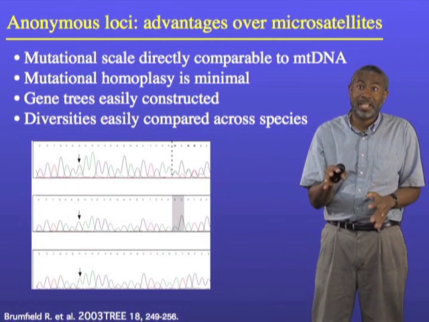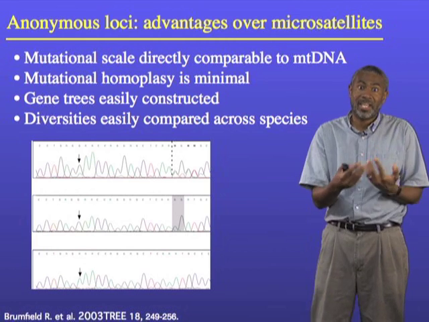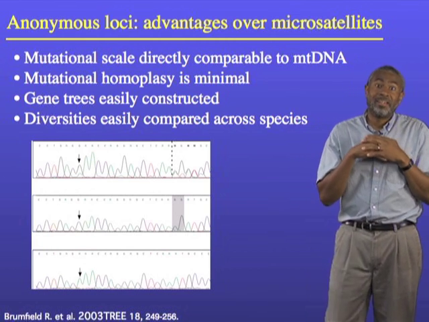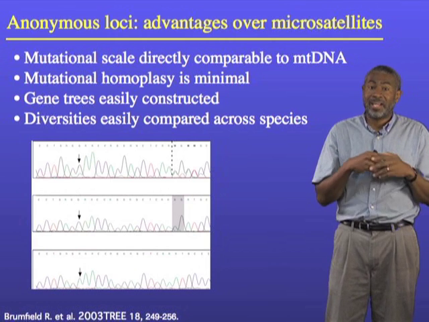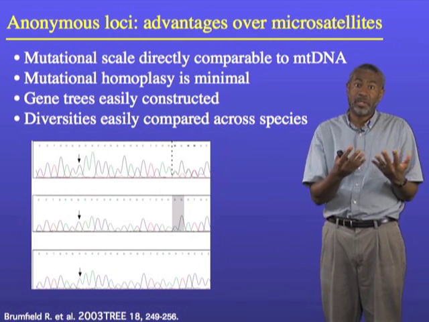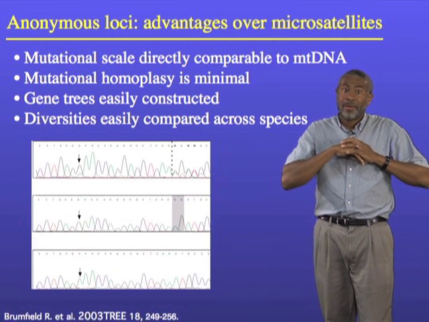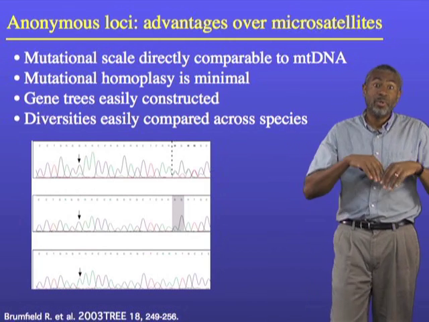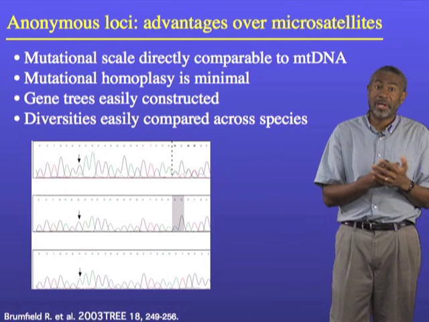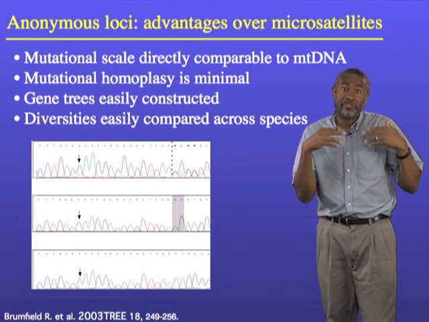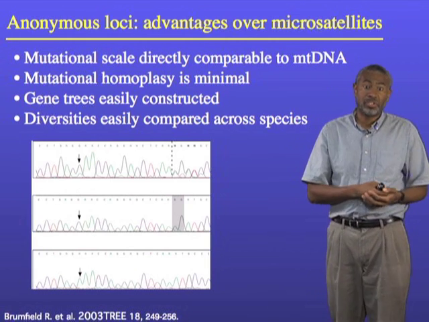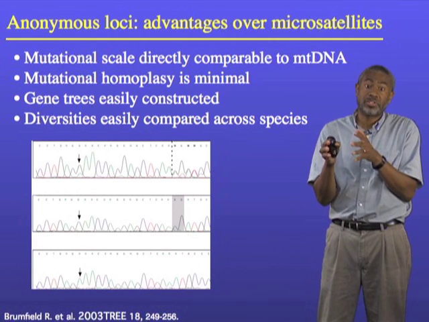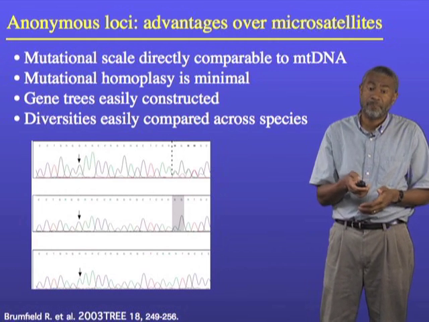That's a bad thing because it erases the history before it. We call that homoplasy. In nuclear DNA, when you look at it in terms of the sequences, that sort of backtracking and homoplasy is minimized. We can build gene trees, as we talked about in lecture 1. Gene trees are a very intuitive way to look at population history. And we can compare the diversities easily across different species. It's very easy to do.